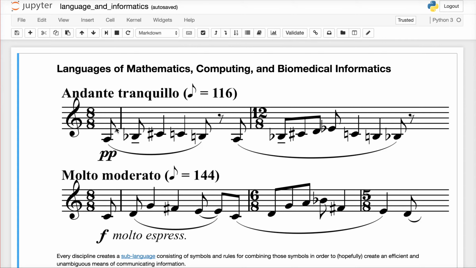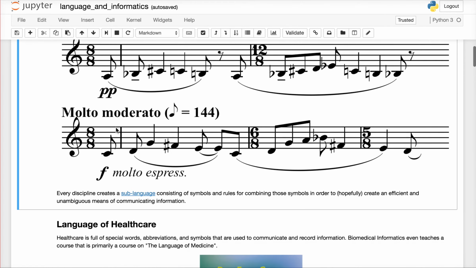Of course, there are other ways that we could represent music, and in fact, there are other representations of music that are made use of in music theory, etc. So there's an element of arbitrariness and tradition that determine how some different languages are created.